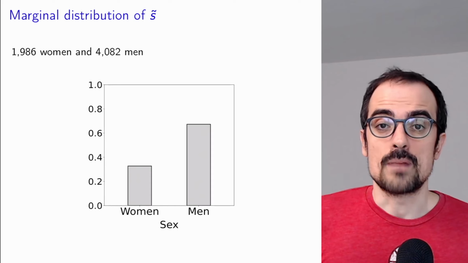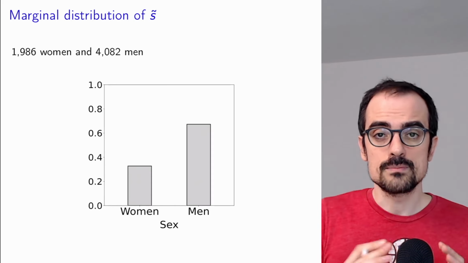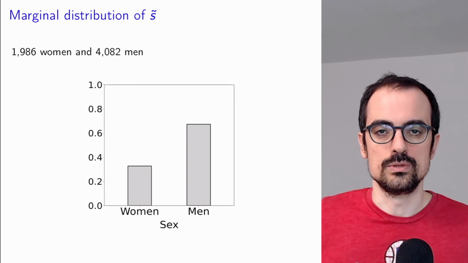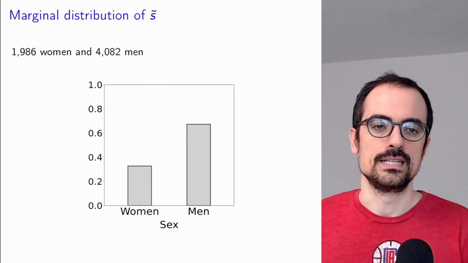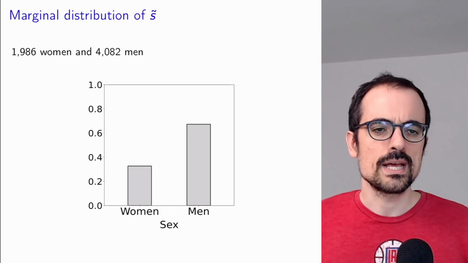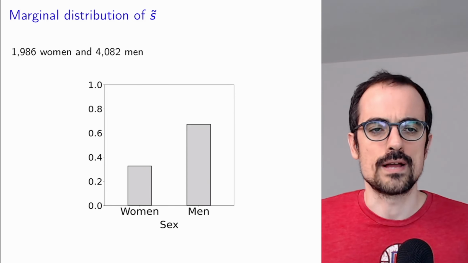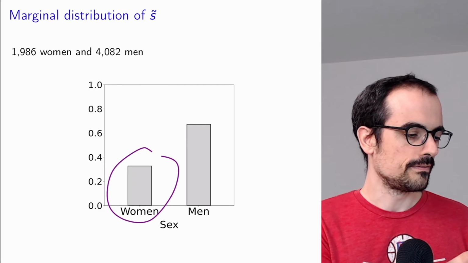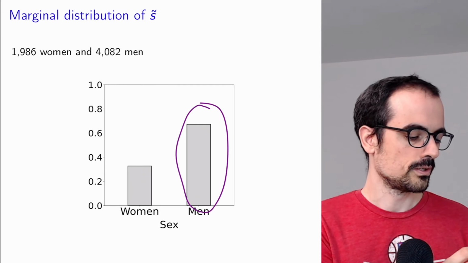We also need the marginal distribution of the sex, because now we're going to use essentially Bayes' theorem to derive the conditional probability of the class given the features. Since we have around 2,000 women and 4,000 men, basically the probability of women is around 1/3 and the probability of man is about 2/3. Okay?